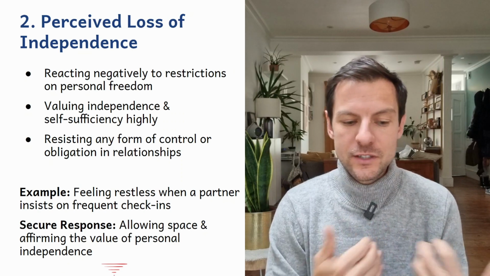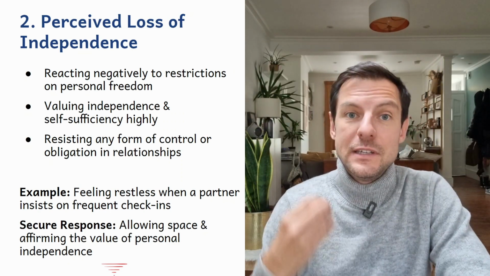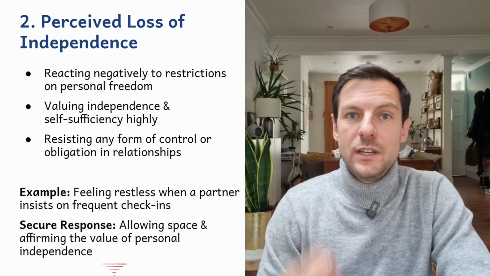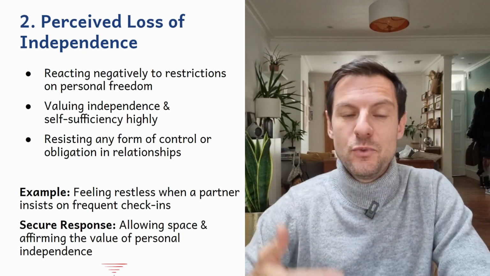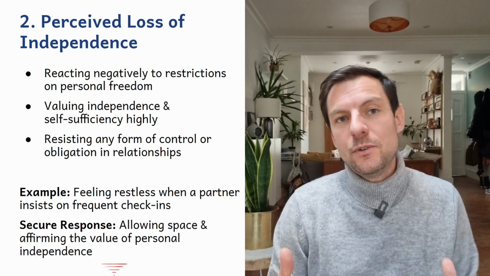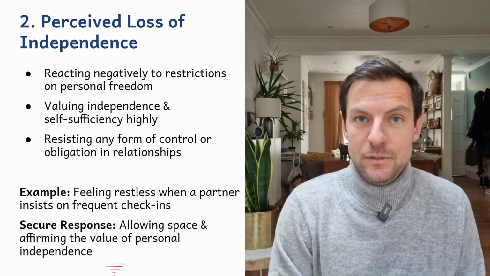For example, an avoidant might feel restless when a partner insists on frequent check-ins because it's not necessarily in line with their agenda, with what they want and need. So it's important for you to allow space and understand independence.